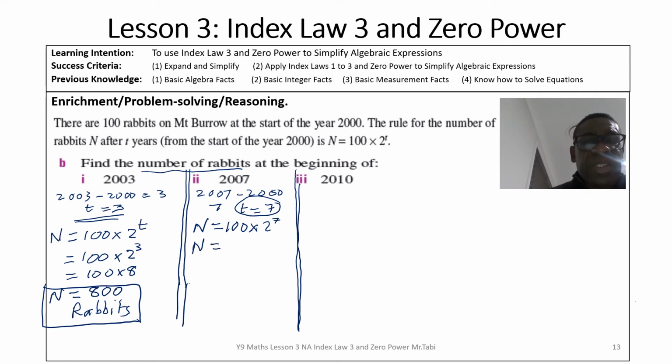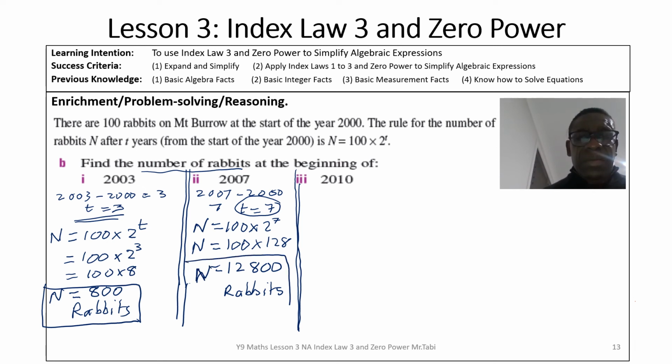We know that 2 to the power of 6 is 64, times 2 will be 128. So 100 times 128, we just simply add the zeros: 12,800 rabbits. That's our n.